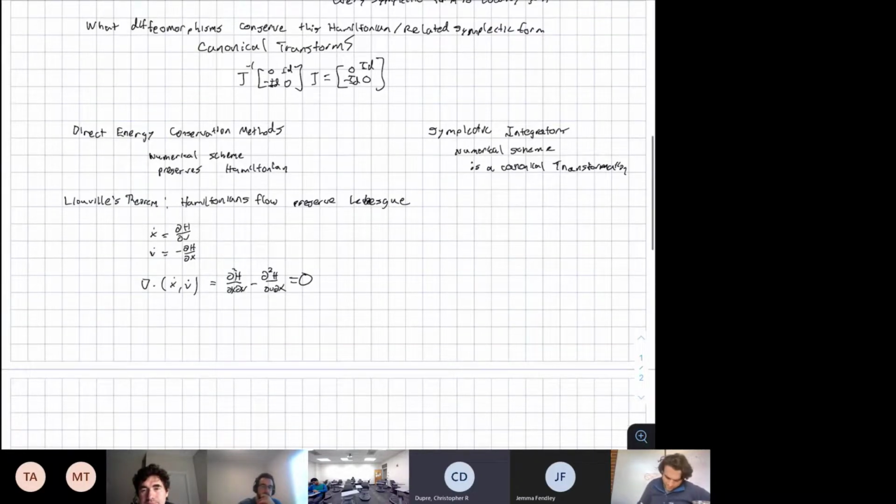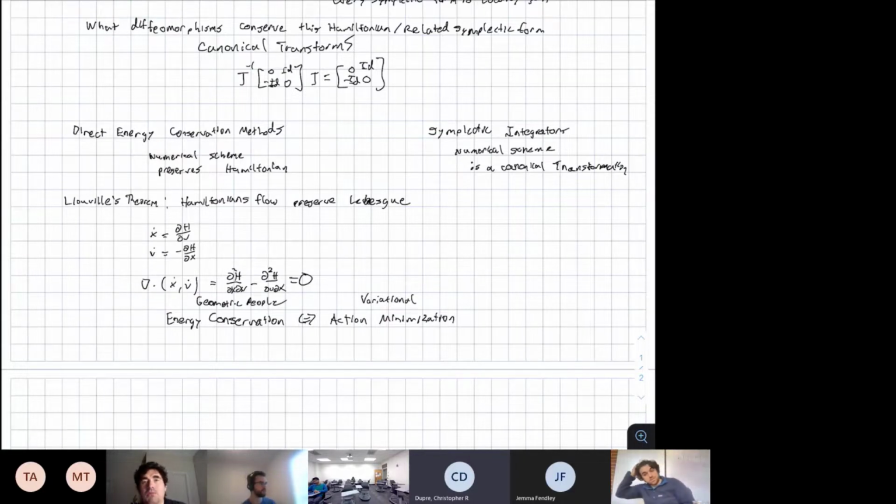There's actually a duality between energy conservation and something called action minimization. So this side are the variational people. This side is in some sense the geometric people. And it turns out that at least locally, there's a bijective map between these two.